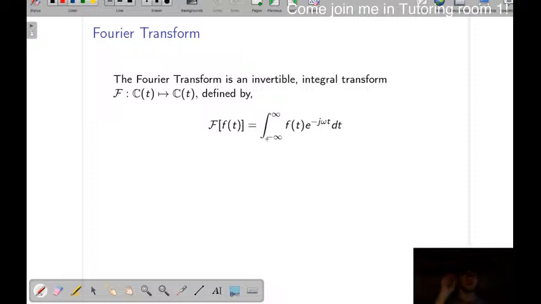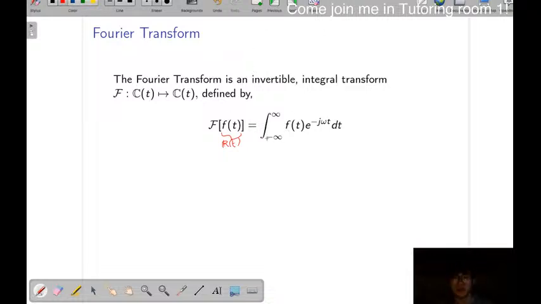It's an integral transform that maps a complex function to a complex function. In full generality this can be a complex function, but often we consider real functions, just because we often don't think in terms of complex functions unless we really need to.